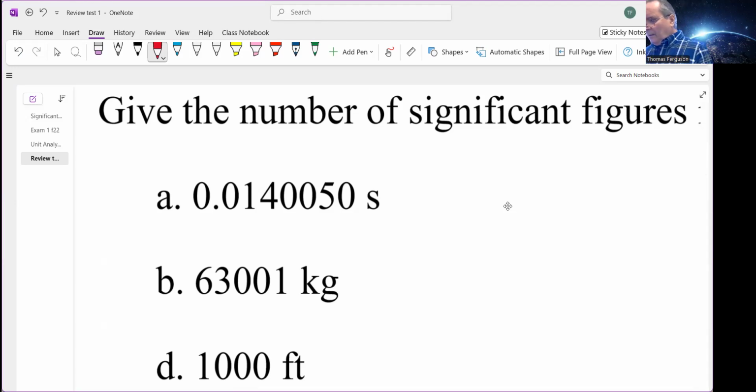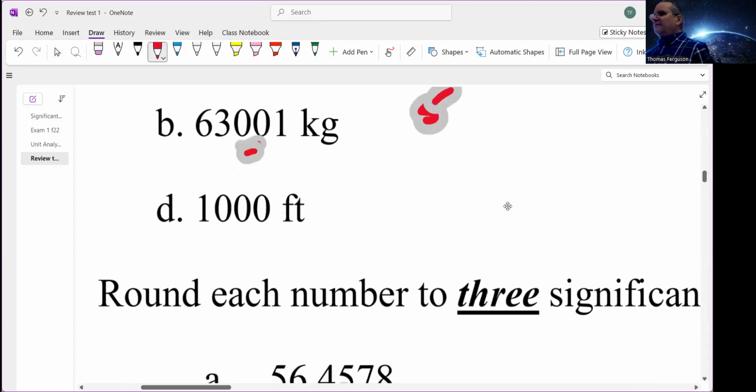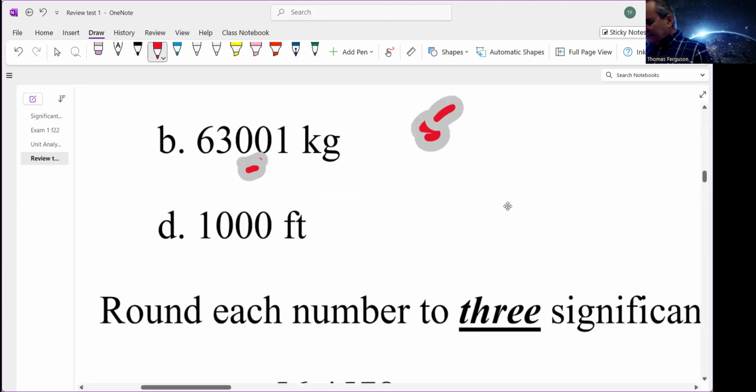So we've got 1, 2, 3, 4, 5, 6. Okay. Middle zeros only, which always count. So we have 1, 2, 3, 4, 5. Trailing zeros count if there's a decimal point. No decimal point, so that's 1.